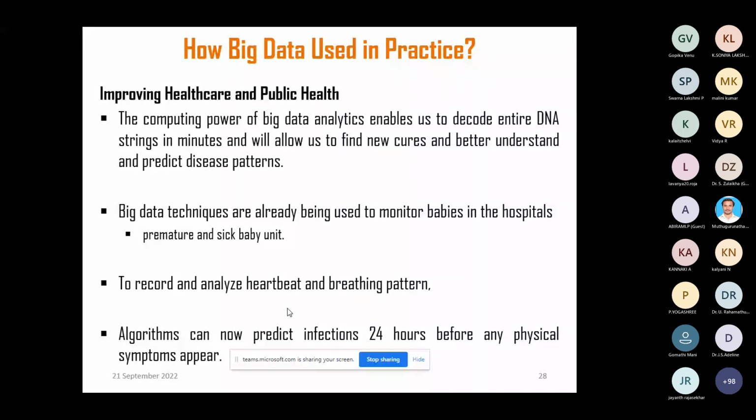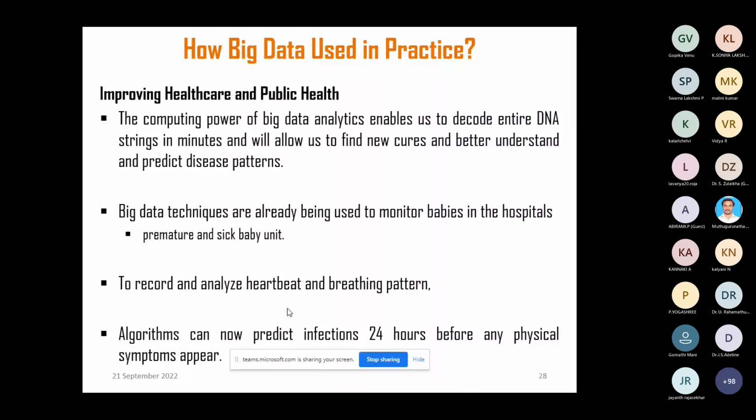In earlier days, it took a few days to perform this analysis. Now, with the resources and big data technology available, they can understand the disease pattern within a few minutes and treat that patient. This is one example.